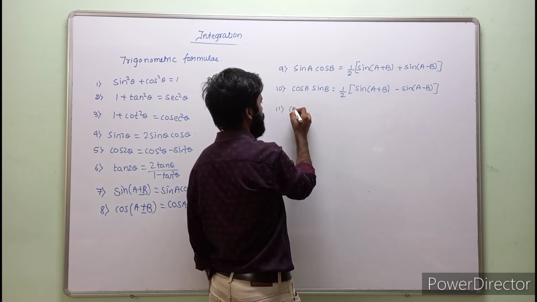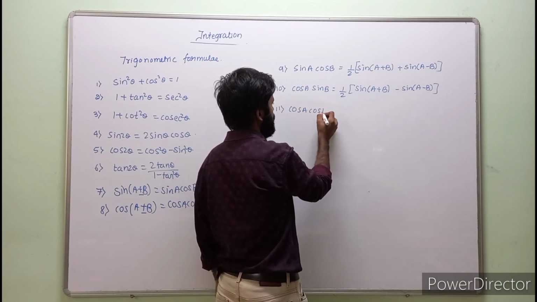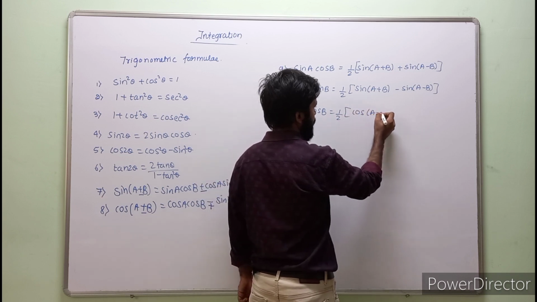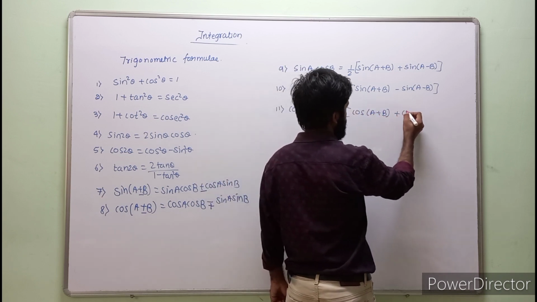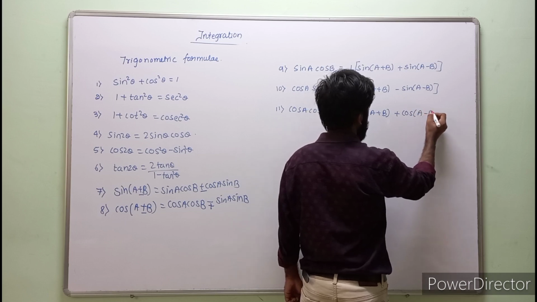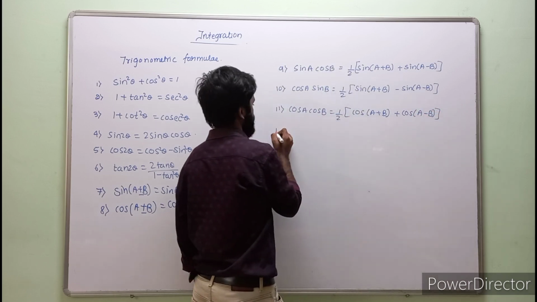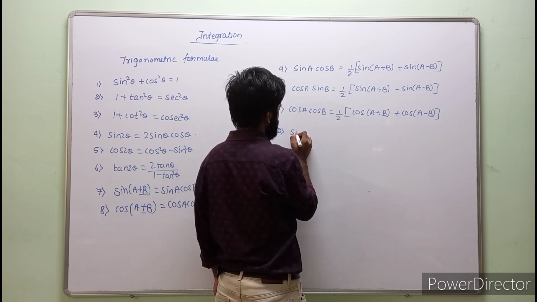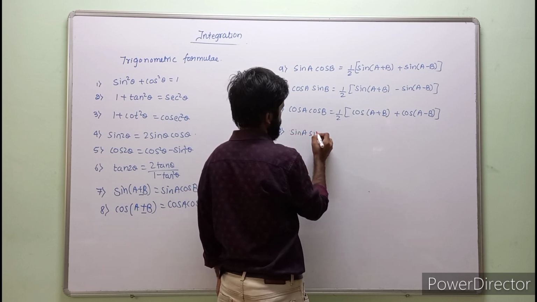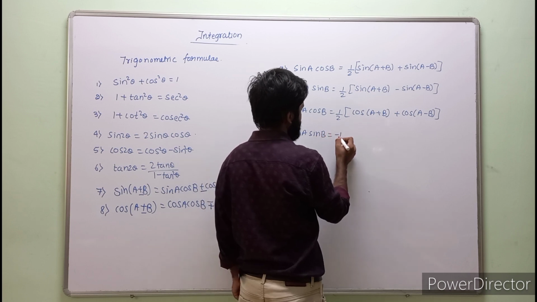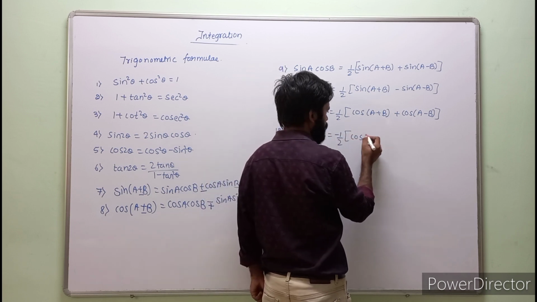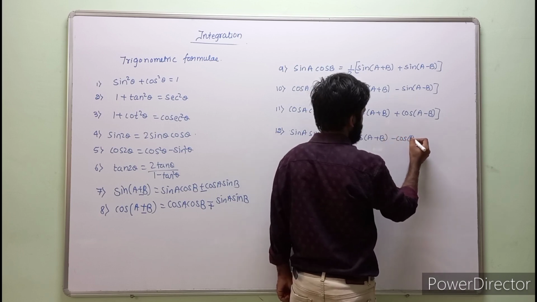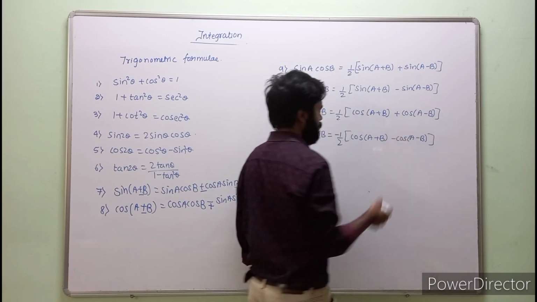Now 11th one, cos a into cos b, half of cos of a plus b plus cos of a minus b. Next 12th one, sin a into sin b, right, minus half of cos of a plus b minus cos of a minus b.